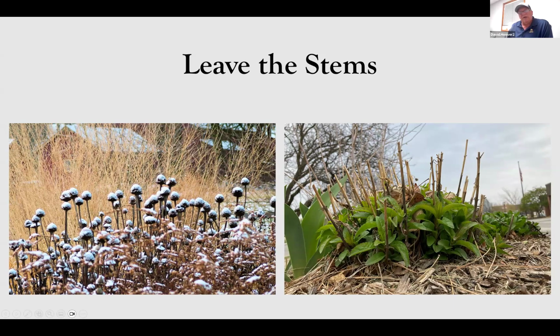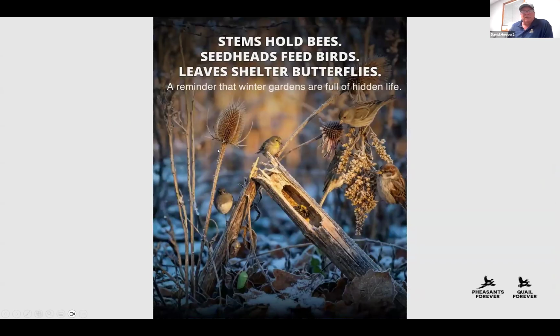Now, this next picture, forgive the exotic species, the invasive that's in there. But I included this picture because I think it tells a good story. And those overwintering stems and overwintering vegetation, particularly of diverse native plantings, they hold bees, like we talked about, seed head, and seed for birds.